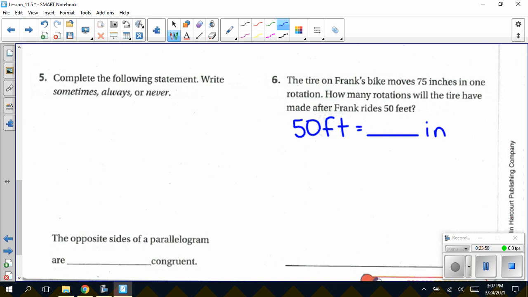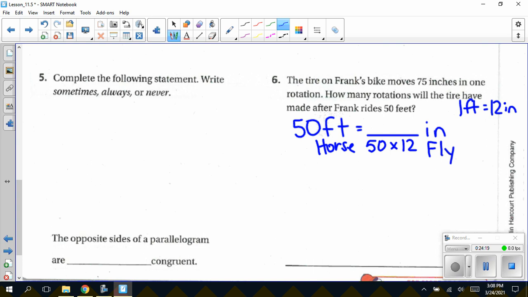If I'm converting from feet to inches, I am going from horse to fly, because obviously a foot is bigger than an inch. And I also know that 1 foot equals 12 inches. So when I go horse to fly, I multiply 50 times 12.